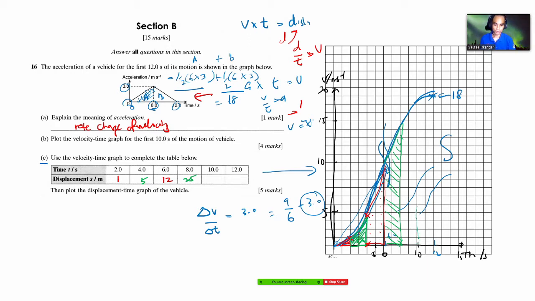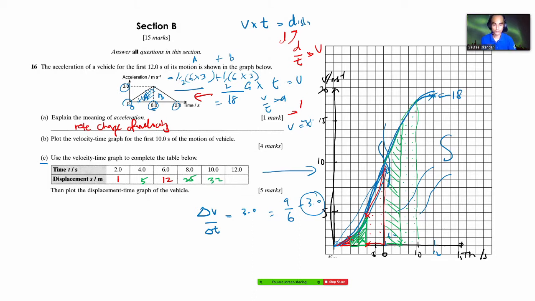This one will be 1, 2, 3, up to 32. So this will be 32.